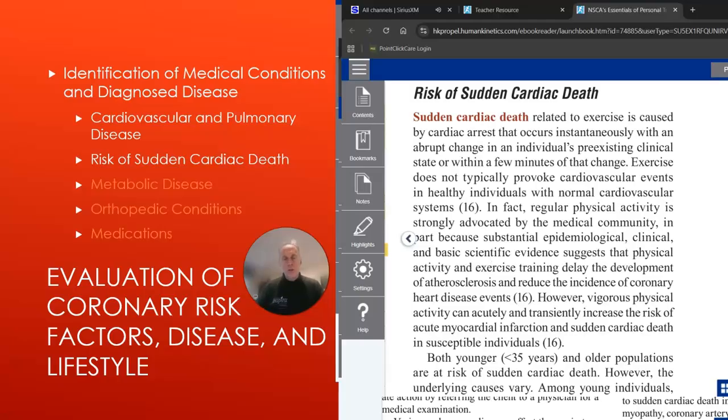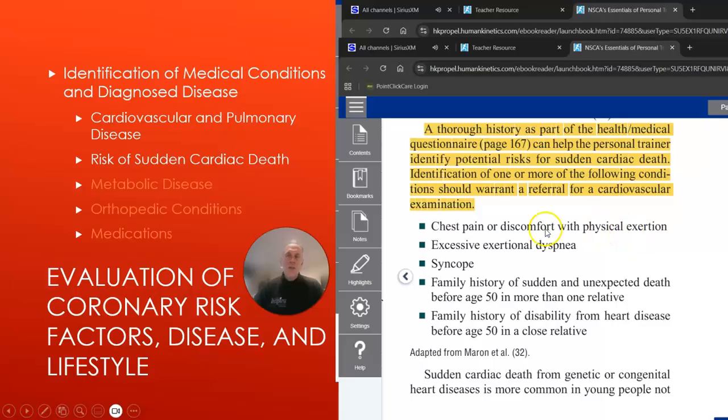And susceptible individuals I would broadly classify as deconditioned, perhaps at risk as per our 8.1 that we talked about earlier. So what you need to do is really have this health history questionnaire to help you determine if a person is at risk of sudden cardiac death.